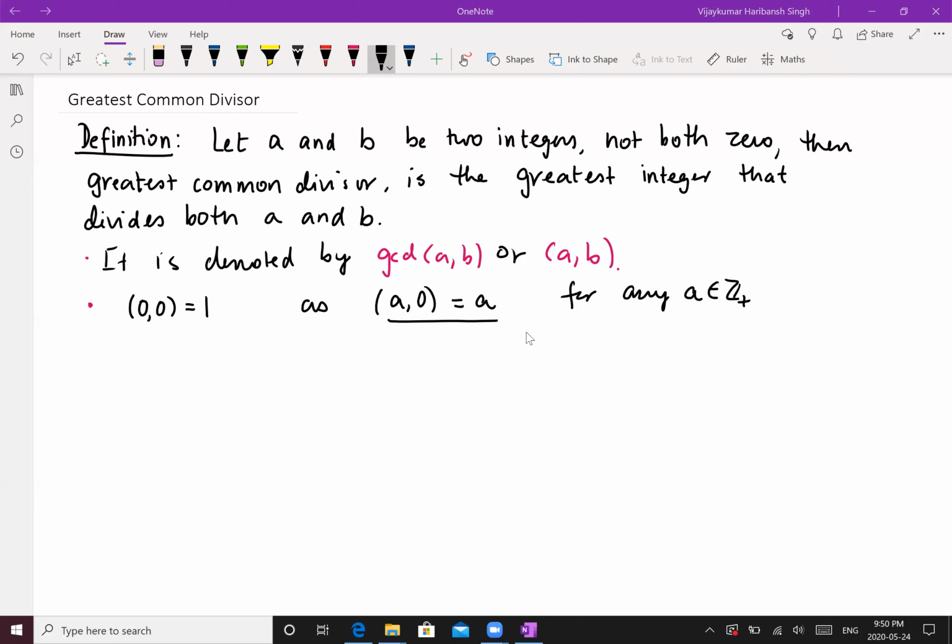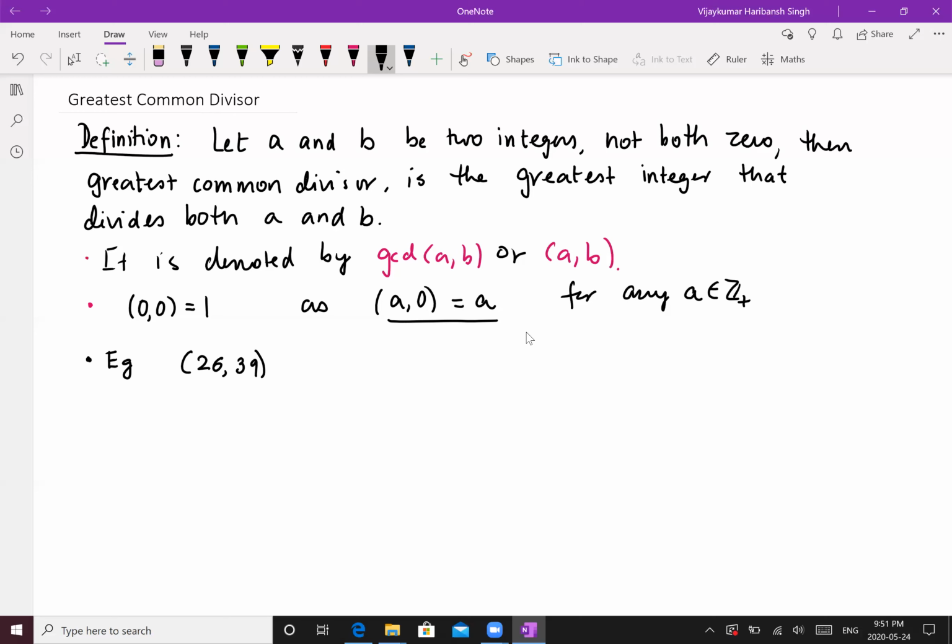Now, a few examples. GCD of 26 and 39. Let's see which integers divide both and what is the largest among them. GCD is usually positive, unless A and B are both 0, in which case GCD of A and B is 0.